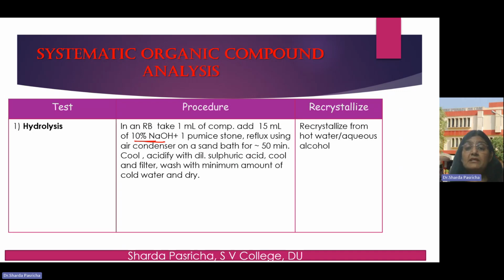Check if the blue litmus has turned red. Cool, and filter the contents. Wash with a minimum amount of cold water because the carboxylic acid which is formed may be soluble in water. Dry. Recrystallize that from hot water or hot aqueous alcohol depending upon the solubility of the compound, and take the melting point to confirm your compound.